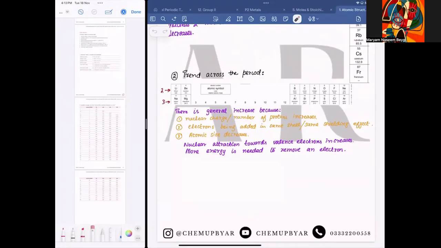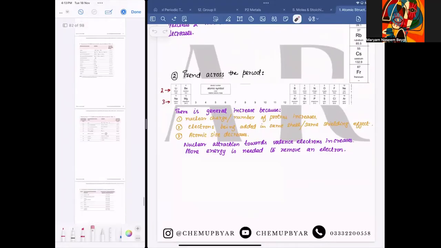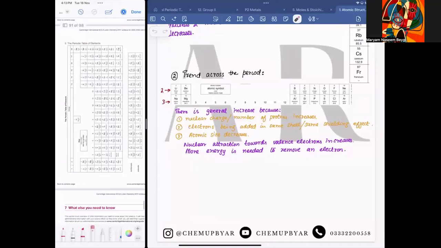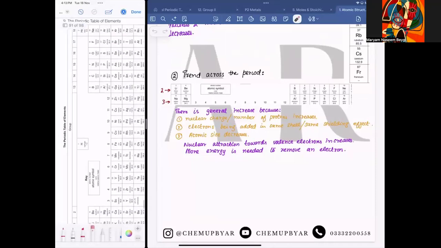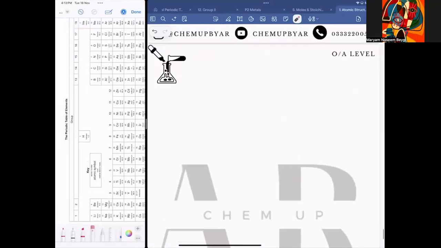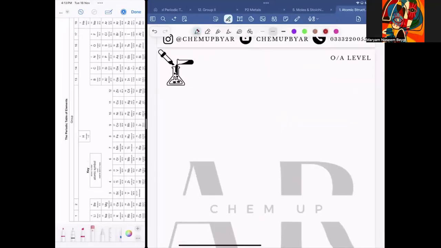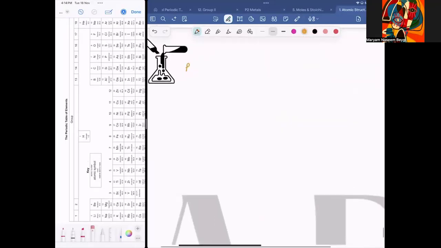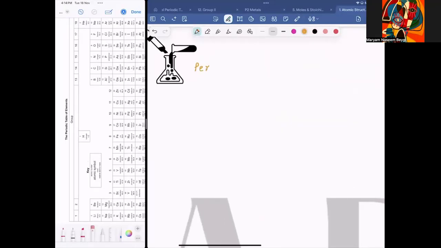So if you guys open a periodic table, let's take the example of period 2 and period 3. That's what we have mentioned above. In period 2, the first element is lithium. Then the next one is beryllium.